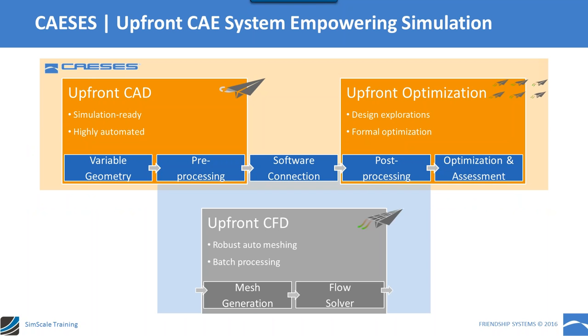All right, now let's talk about the workflow, because we said that you can generate different geometries, but of course these geometries need to be tested to evaluate the performance of every model. In CAESES, all this workflow is integrated in one interface. The first thing is the upfront CAD.